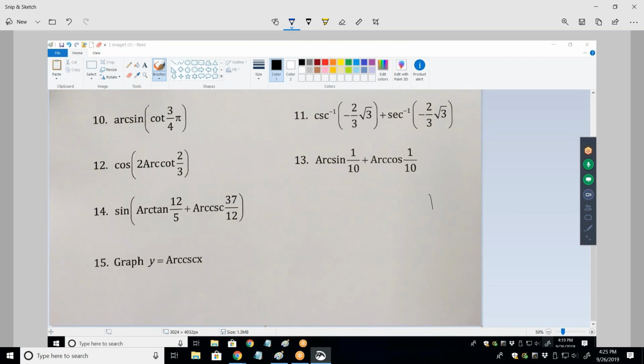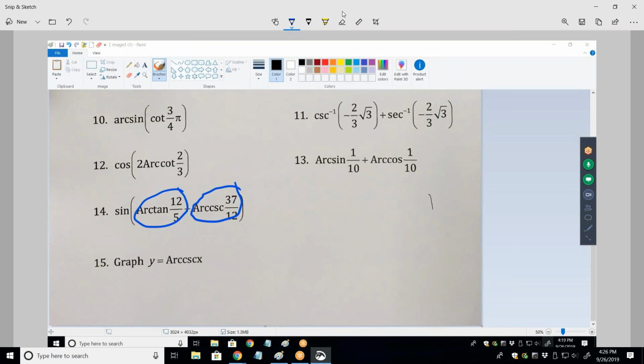Same thing with number 14, except it's that and number 12 combined. If you do 14 the way you did 10, you'd use the calculator to figure out what that angle is, and that angle, and you take the sine of the sum of those 2 angles.